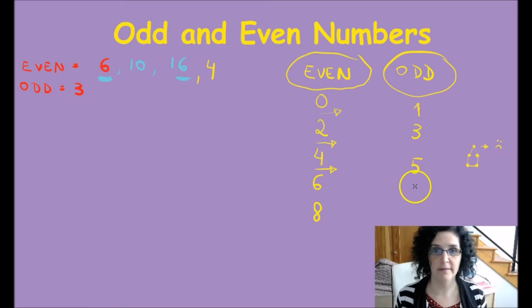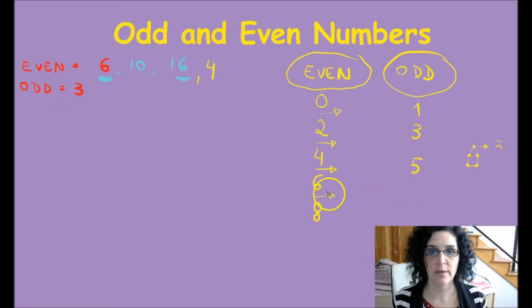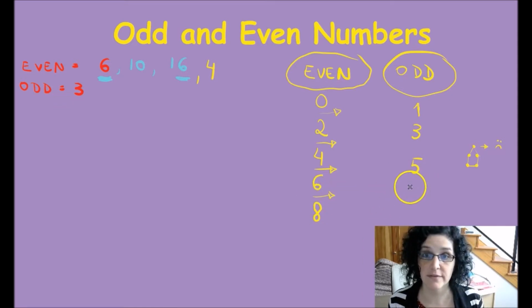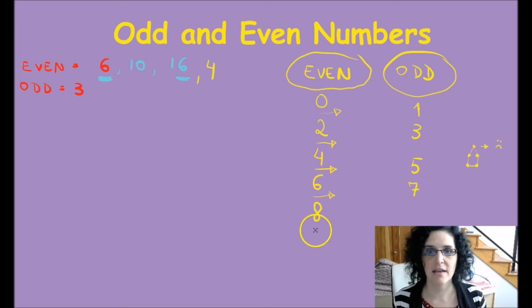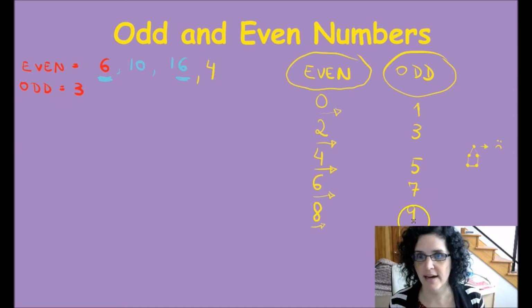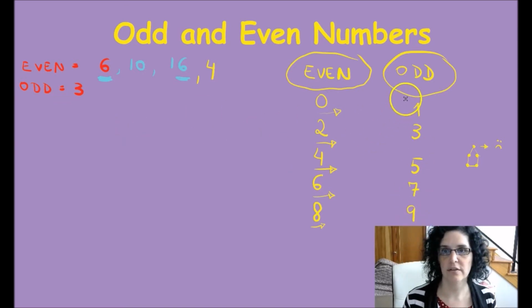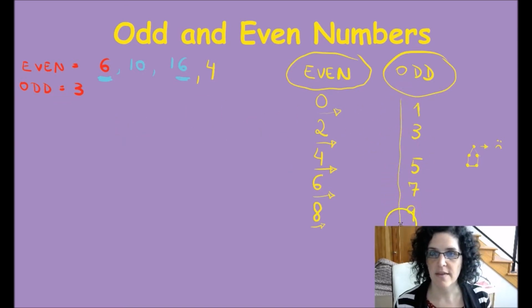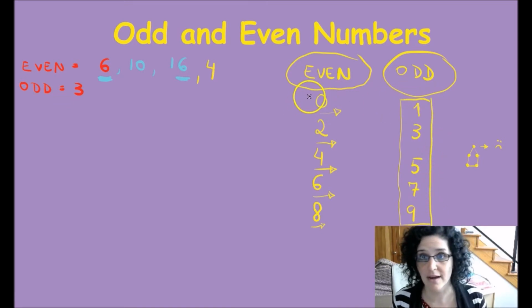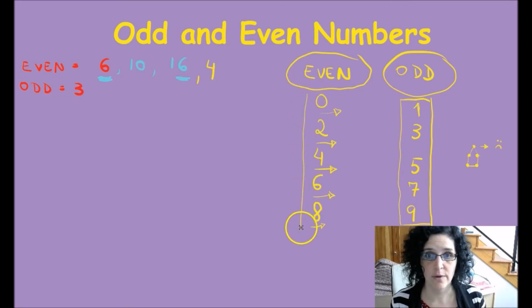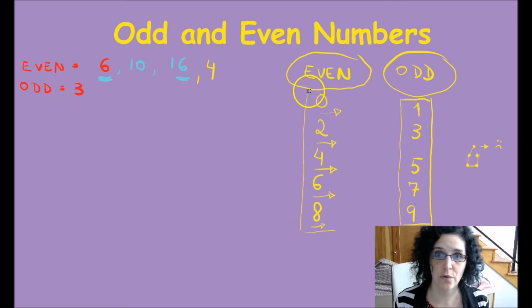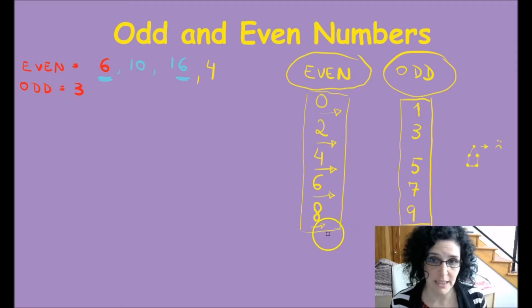In between 6 and 8, you have 7. And in between 8 and 10, we have 9. So here are your odd numbers. All the numbers whose last digit is 1, 3, 5, 7, or 9 will be odd. And every one that ends in 0, 2, 4, 6, or 8 will be even.